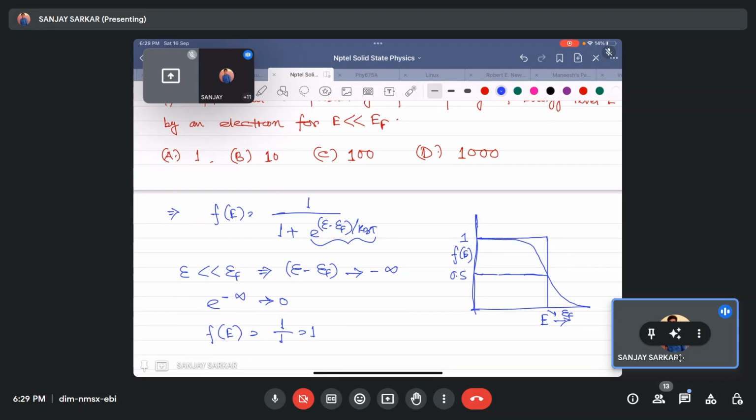This is for T equal to 0 Kelvin, and this is for a finite temperature T, right? So you can see that when energy E is much less than epsilon F, around this area, this is almost 1. So also we can see from this calculation that the occupancy is 1.